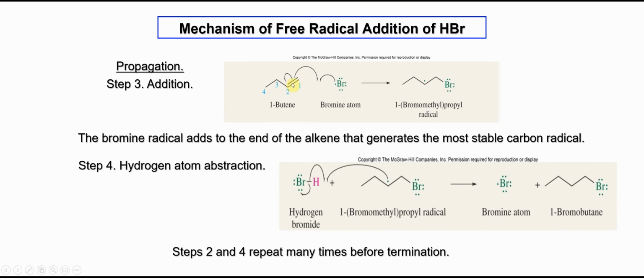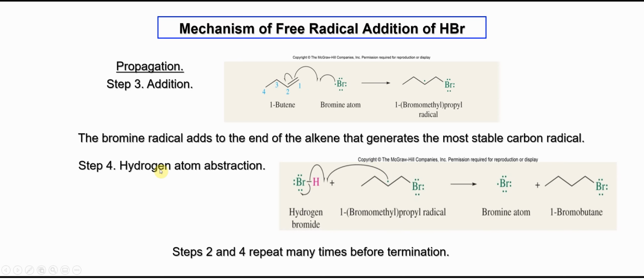Continuously, this bromine reacts with your alkene to form a radical. Again, for the radical you need to determine which radical is more stable. Tertiary is the most stable, followed by secondary. The primary is not stable. If it's not stable, it is going to be subjected to rearrangement, and then this radical continuously adds with either hydrogen or bromine.